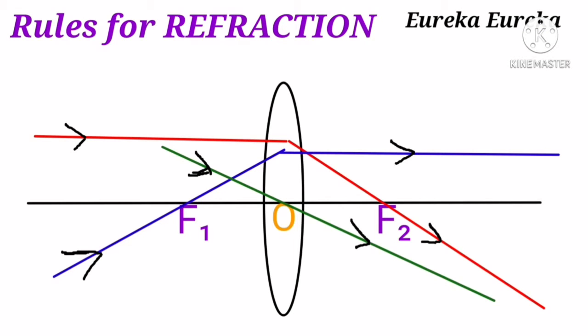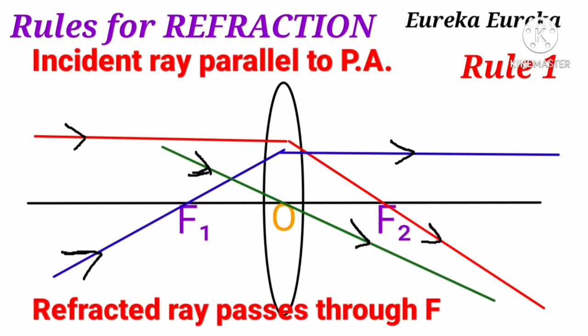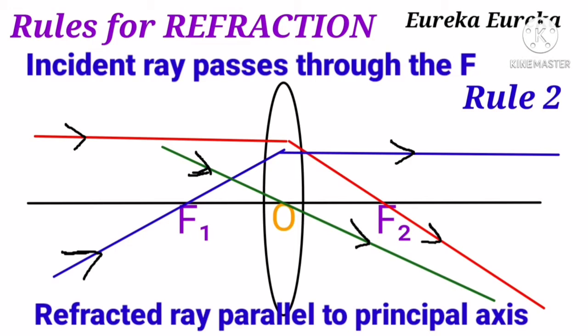Now let us study here the images formed by the convex lenses. And the rules for refraction are: first, when the incident ray is parallel to the principal axis, the refracted ray passes through the principal focus. Second, when the incident ray passes through the principal focus, the refracted ray is parallel to the principal axis.